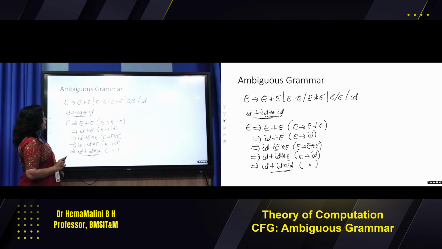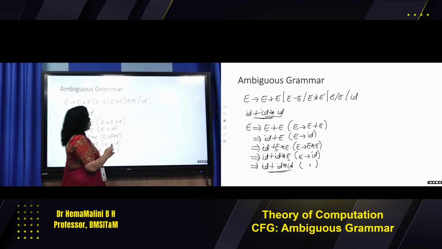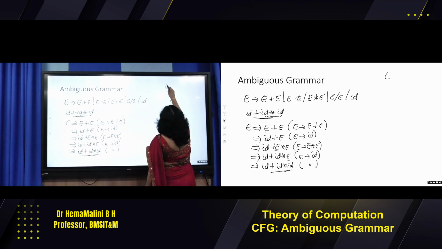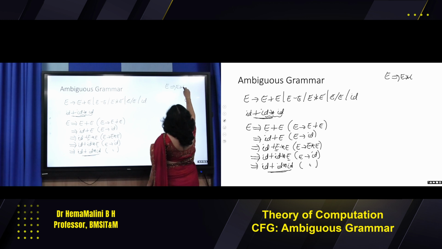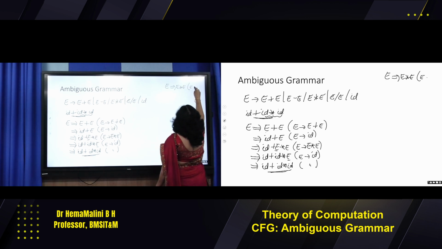We started with E plus E. Now let us take E produces E star E, by putting the production E produces E star E. We are using one more leftmost derivation.